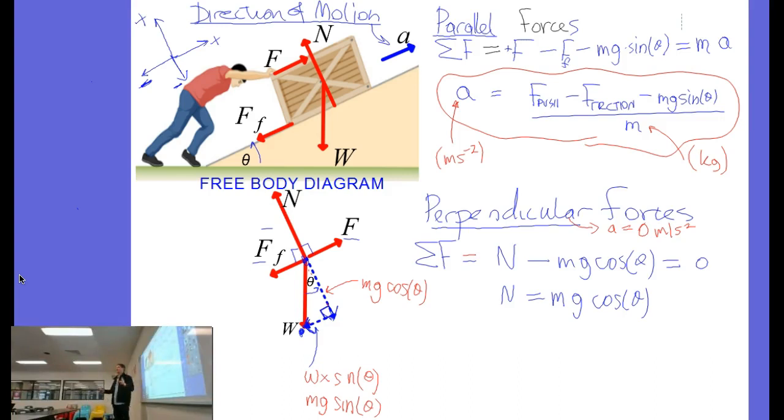So the size of those parts of the weight force are given by the trig ratios of the weight force amount, mg. Does that make sense? So this weight force is very popular. He's got two parts. He's got all those forces to try and balance out. He's got to share himself to try and balance out those other forces. Okay? And the way he does that is through geometry, depending on the angle of incline.